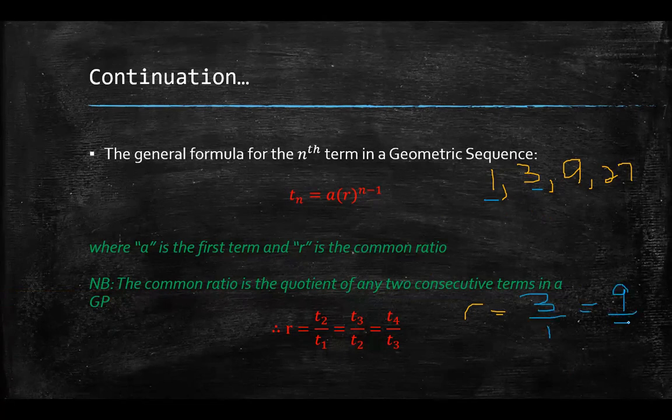Same as 9 on 3, which is the same as 27 on 9. That is how you find the common ratio of a GP. That's it. Do you understand that? Yes, Miss. Good.